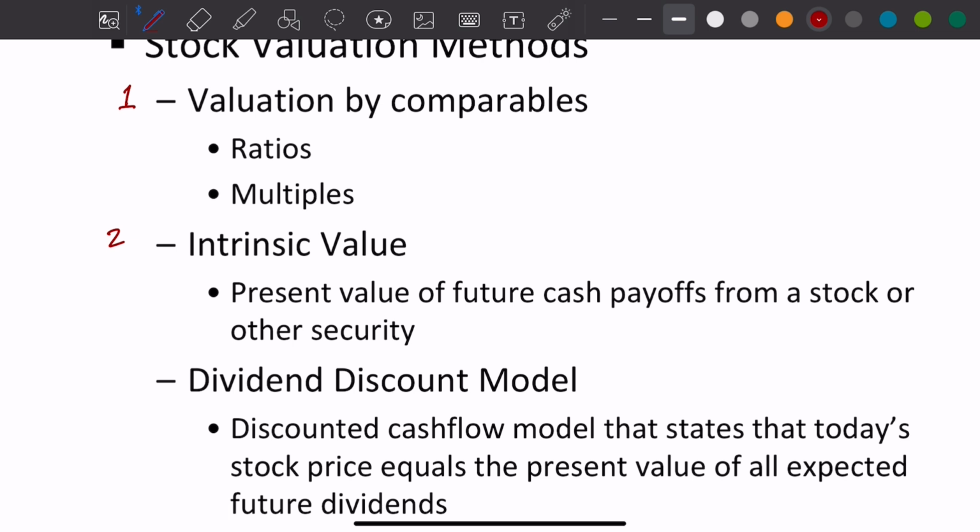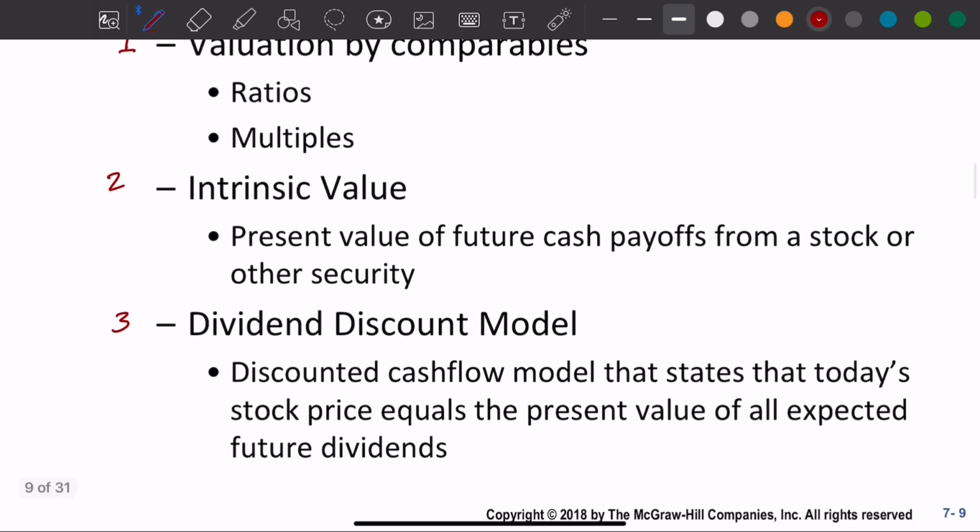The second one is called intrinsic value. This is calculated by figuring out the present value of future cash payoffs from a stock or other security. And then finally, the third method, which is called the dividend discount model.